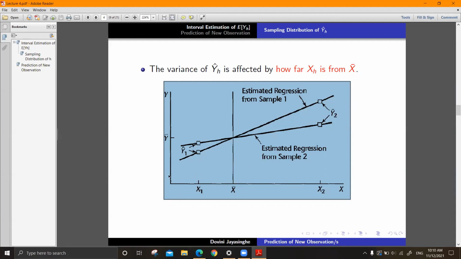The regression line that you construct solely depends on your sample. It has to, right? So assume for x1, this is the y1 hat in your second sample. So you're getting a different regression line. If we take a third sample, it doesn't have to be the same line, one of these lines.